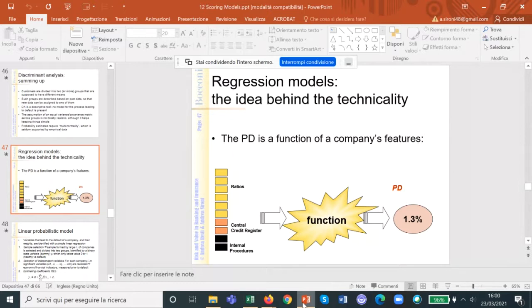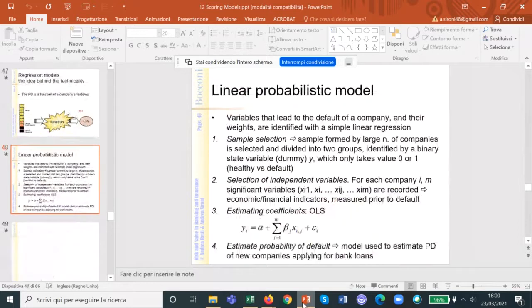Now, here the point is very simple. We are still using exactly the same inputs. It's still a scoring model, okay? But rather than using a discriminant model, we use a regression model, okay? And how does a regression model work? Well, basically, what we do is assume we have an equation where the dependent variable is either 0 or 1.